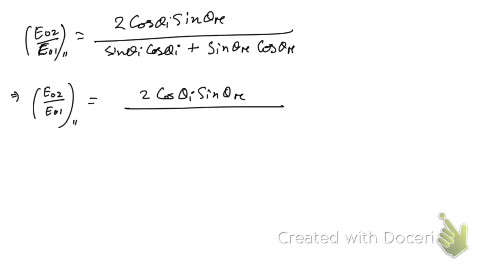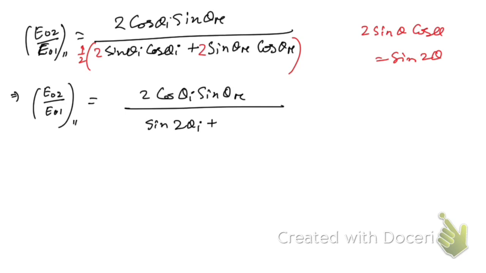Now you see we can write this this way, taking half here and 2 into this and 2 into this. So we know that 2 sin theta cos theta is equal to sin twice theta. So if we apply that identity, then we're gonna get sin 2 theta I plus sin 2 theta r.